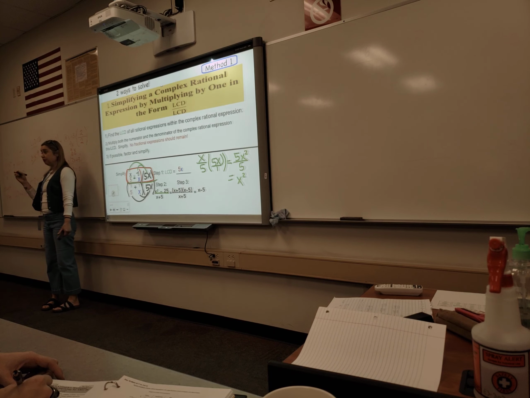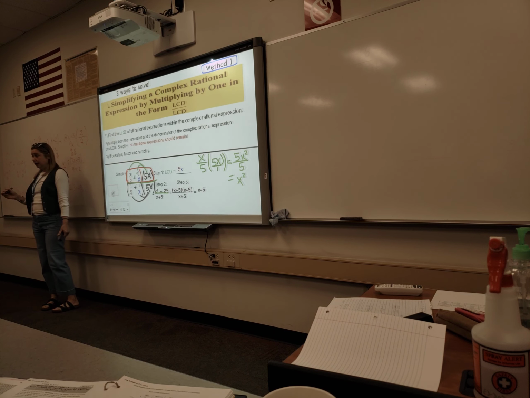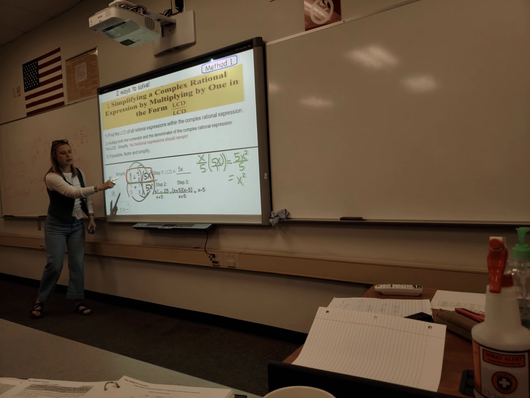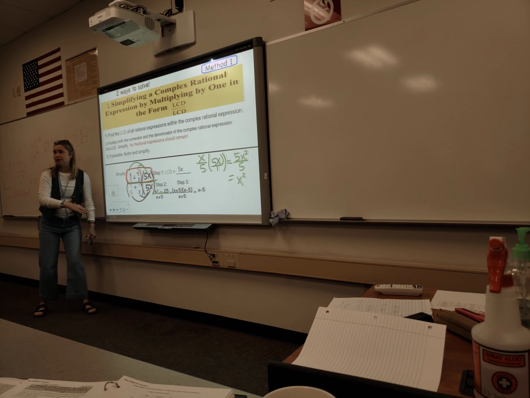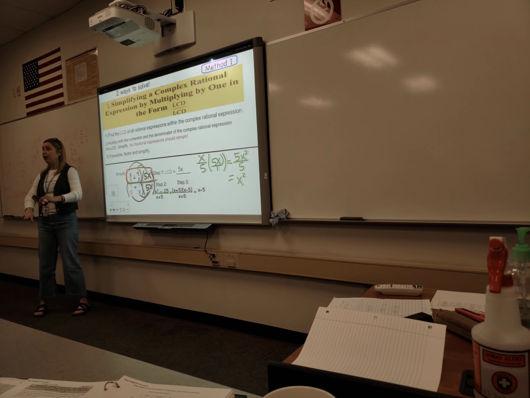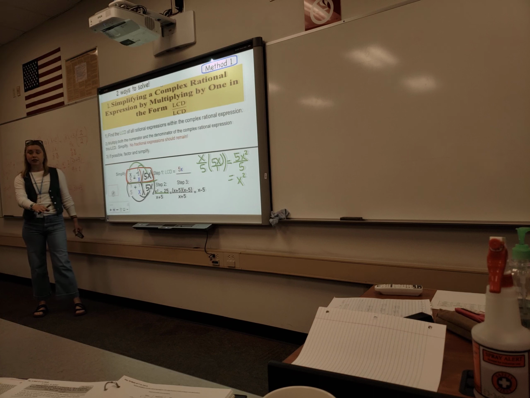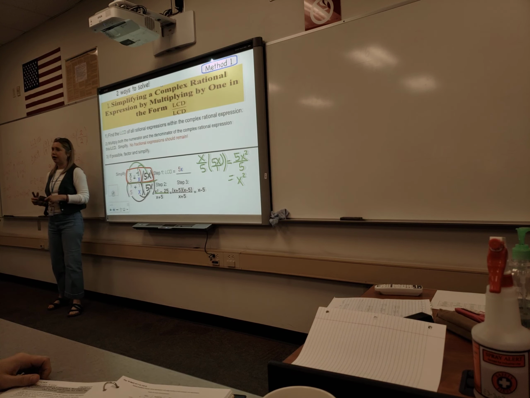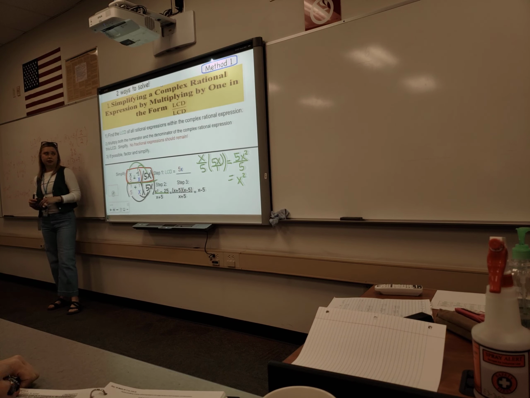The purpose of multiplying by the LCD and finding the LCD for every single denominator in this expression is because we want those fractions to drop away. We want them to divide out. We want them to cancel out, which is why we chose each of these to be part of our LCD.